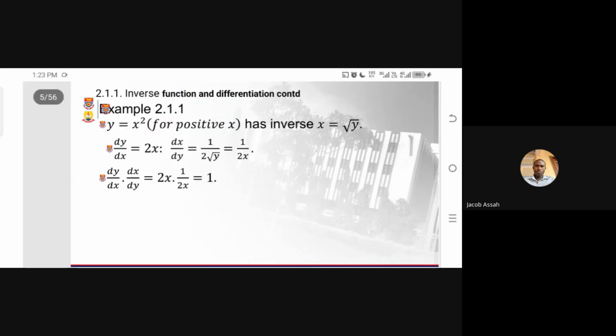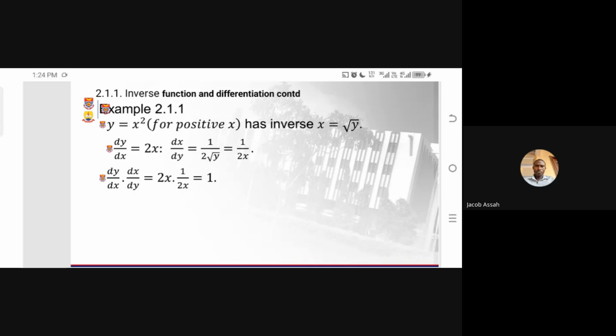So the next slide is an example. We want to use the Leibniz notation to check whether, when we have the derivatives, you are going to get 1. So we have the function y equals x squared. What will be the inverse? So let's quickly solve for the inverse of y equals x squared.